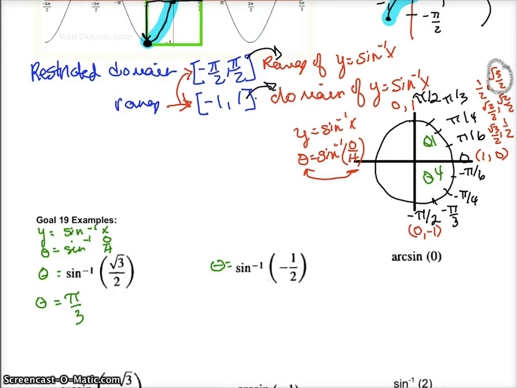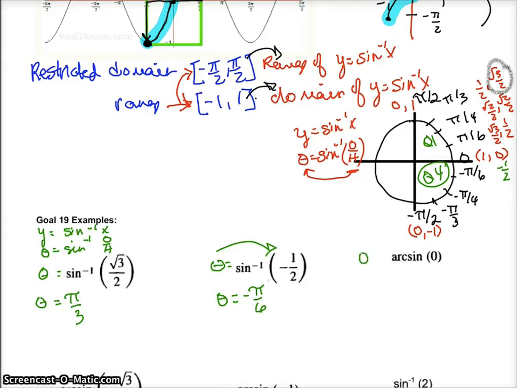So it's asking at what angle does sine equal -1/2? Because this is negative, we know sine is negative in quadrant 4, so we will have to go to quadrant 4 to find our solution. And I know that the sine at -pi over 6 is -1/2. So theta is -pi over 6.